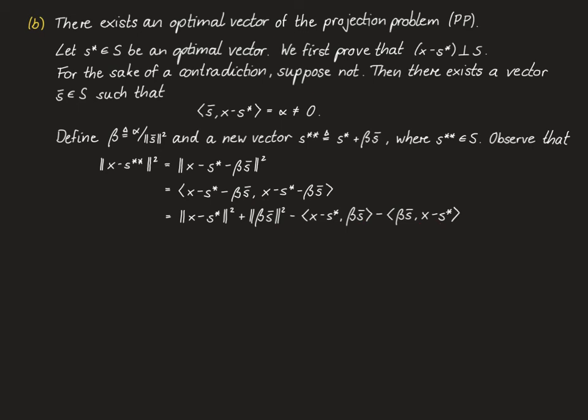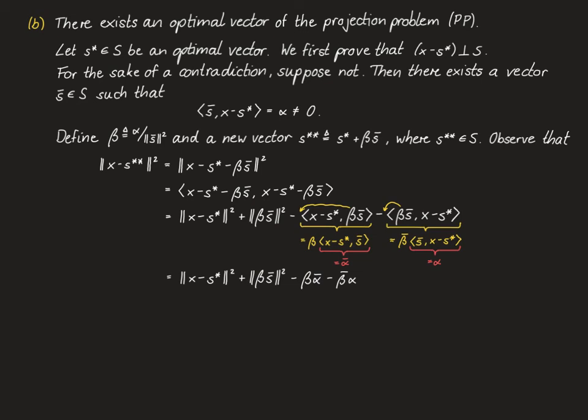And now by linearity in the second argument, we can pull the scalar beta out of the first inner product, and by conjugate linearity in the first argument, we can pull the scalar beta out of the second inner product. And next, we observe that this inner product is exactly the definition of alpha, and hence this inner product equals alpha bar.